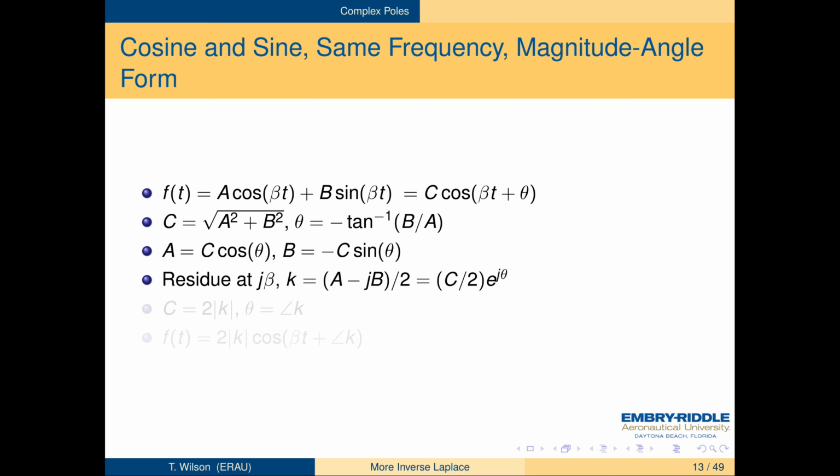Even if expressed differently, this is the same waveform, so it has the same residue. So the residue can be expressed in terms of C and theta as C over 2 times e to the j theta. That's the residue at j beta. In terms of the magnitude and angle of the complex residue k at s equals j beta, our waveform is twice the magnitude of k times the cosine of beta t plus the angle of k.